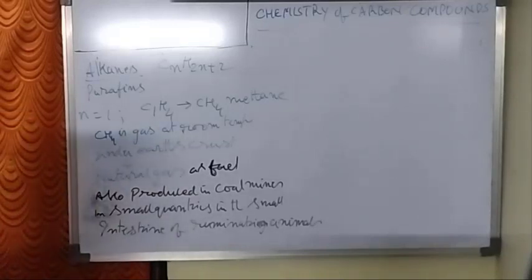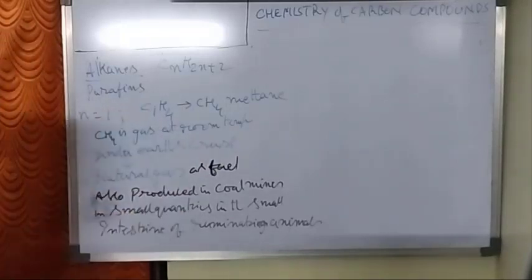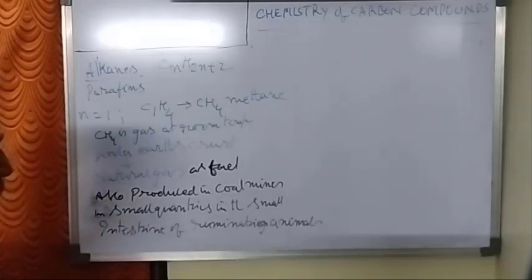That is rumination. Natural gas is supplied from the place where it is found to the places where industries are established through underground pipes. It is also produced in coal mines and in the small intestines of ruminating animals.